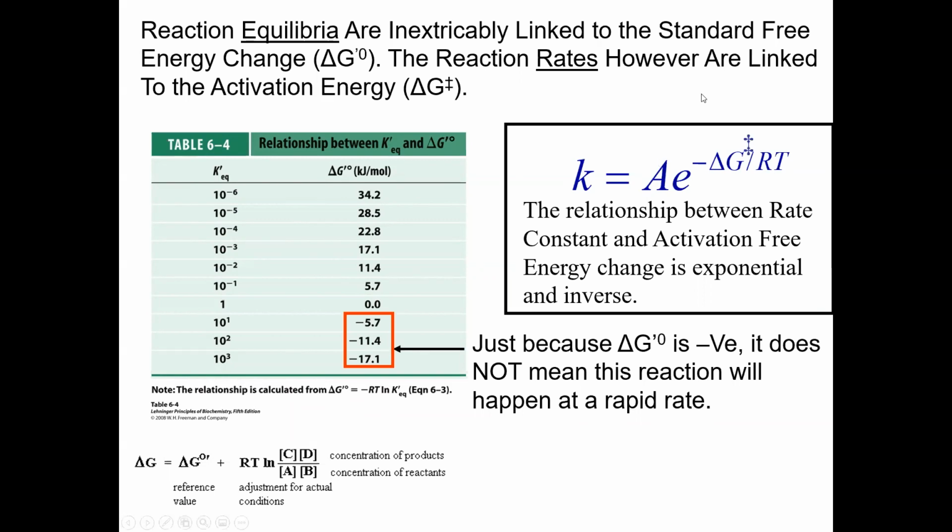When we talk about equilibria, they are typically linked to standard free energy change, which is this delta G naught, and you can see there is a small apostrophe also, as your textbook has. That's standard free energy change, which reflects thermodynamics. Reaction rates are not linked with thermodynamics.